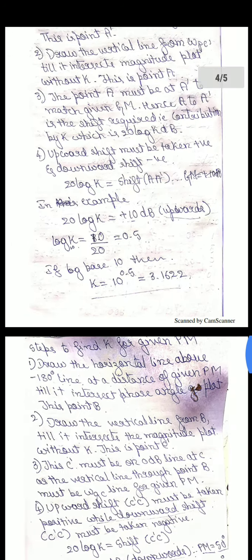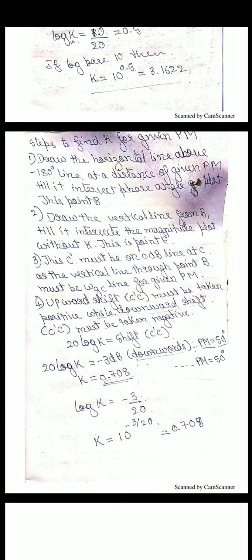Next, from the phase margin we need to find out. You can see these dashed lines, same procedure. Draw the horizontal line above the minus 180 degree line at a distance of the given phase margin. The given phase margin is 50 degrees. From minus 180 to the dashed lines, you can see the difference is 50.